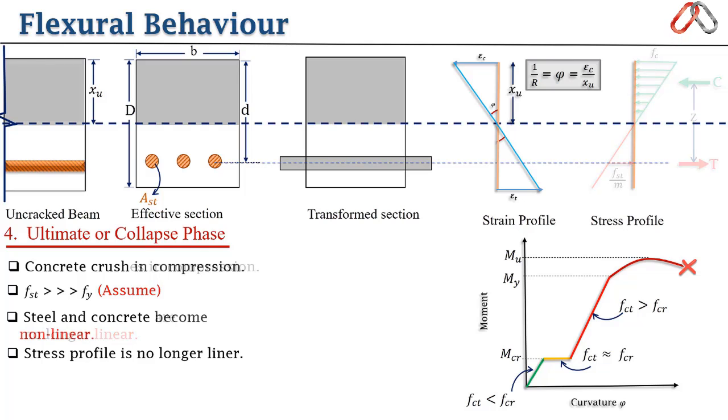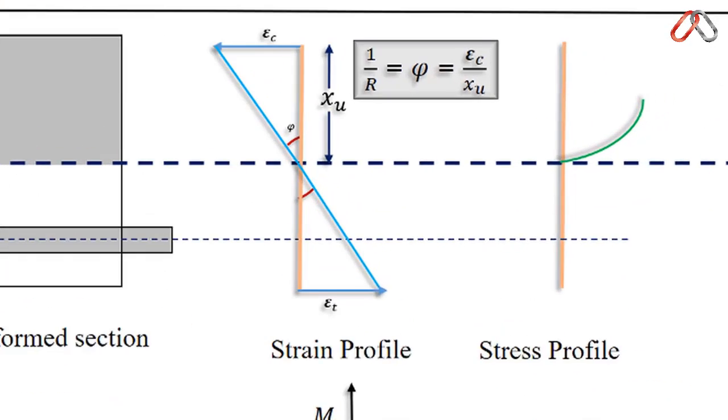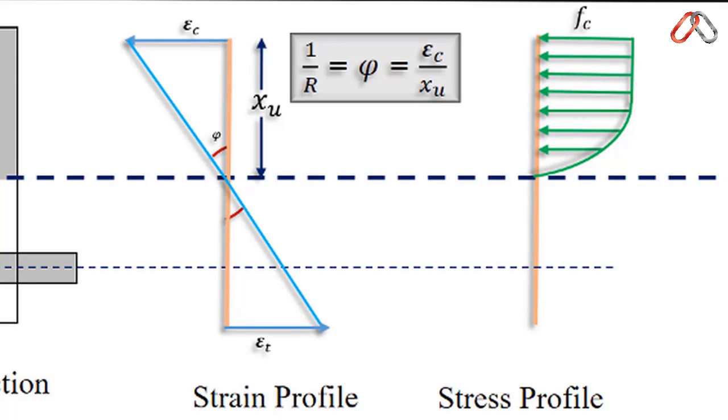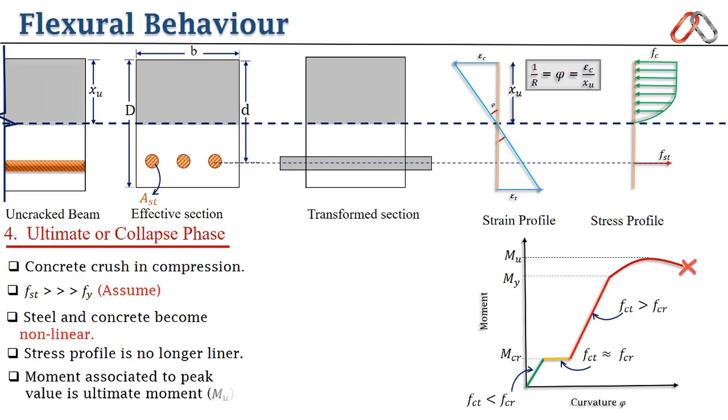According to IS code, stress profile becomes something like this. Initially parabolic, then rectangular. And stresses in steel go beyond yield stresses. And moment associated to this high peak value is known as ultimate moment. So in design problems, we use the ultimate moment as a reference to find out induced flexural stresses.